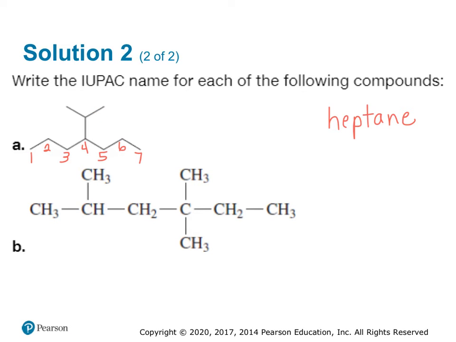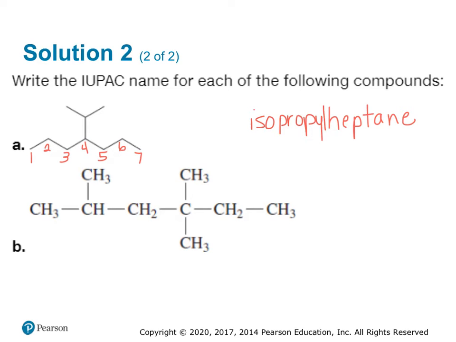So that is propane, right? But it's not attached to the end carbon, it's attached here to the main chain at the middle carbon. So that makes it isopropyl. Propyl, sorry, not propane, isopropyl.